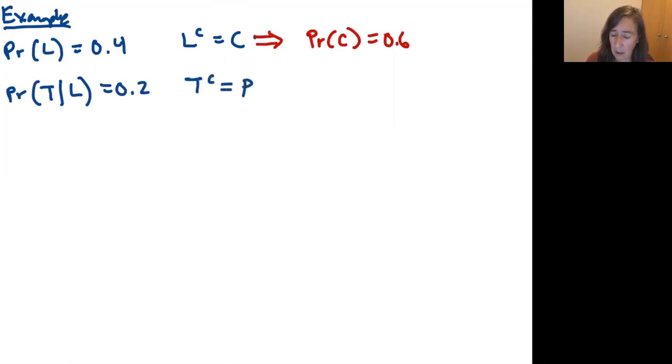So again, we know something that is true just in the world of a person being liberal. This implies that the probability of being progressive, conditional on being liberal, is 1 minus the probability of being traditional.